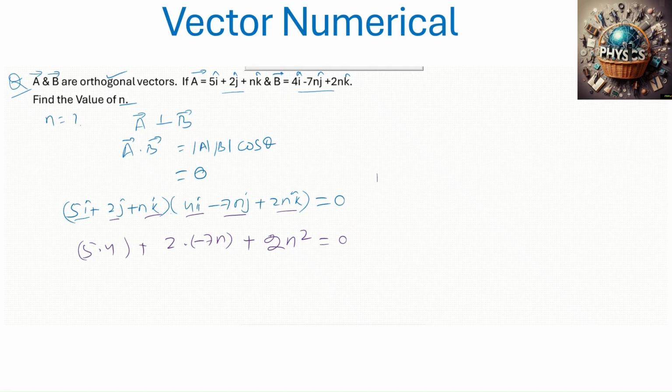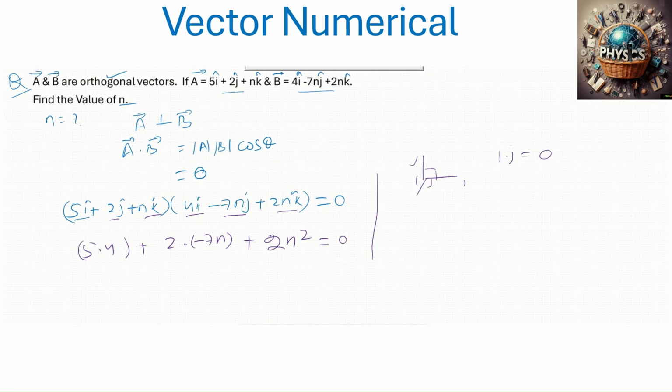Why do we take this? Basically, i, j and k are the unit vectors which are orthogonal to each other, perpendicular to each other. So i dot j will necessarily be, since it is orthogonal and both being unit vectors, 1 into 1 into cos theta, and cos 90 degrees is 0.